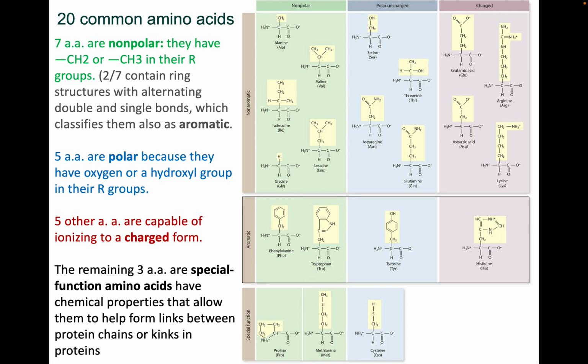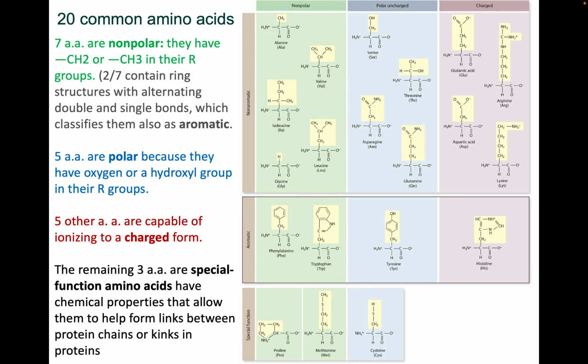Let's look at these R groups. These all have carbons and hydrogens. One thing we know about carbon and hydrogen is that when they create a covalent bond, they have very similar electronegativity, meaning they have the same affinity towards an electron.